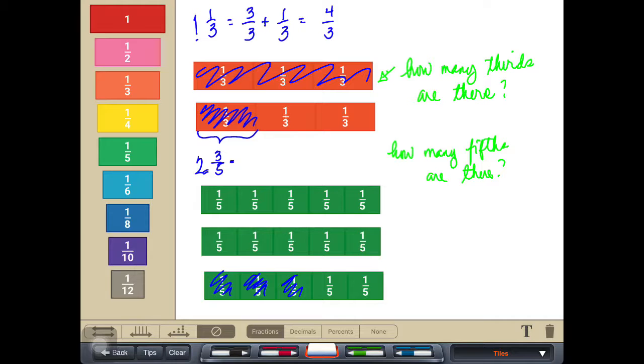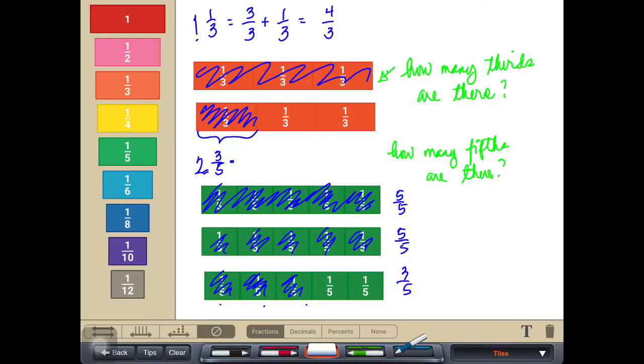Now that would be 1, 2, 3, 4, 5/5 here, and then 1, 2, 3, 4, 5/5 also here. And let us not forget that we also have 3/5 down here.